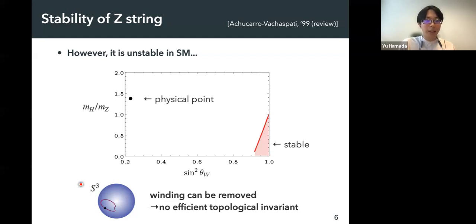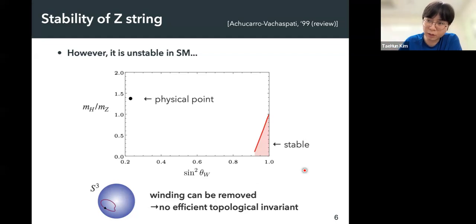In such a case, we cannot consider any topological invariant, because even when we consider some winding on the S^3, this winding can be removed by continuous deformation. So there is no effective topological invariant in the standard model, and that's why this string is not stable.